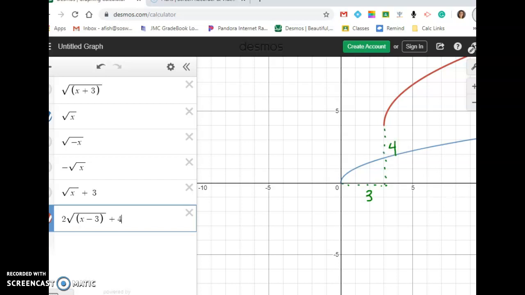Now that stretch is a little bit different to kind of look at. So I'm actually going to take away that +4 and that -3 just so you guys can see what actually happened with that 2 compared to that parent function.